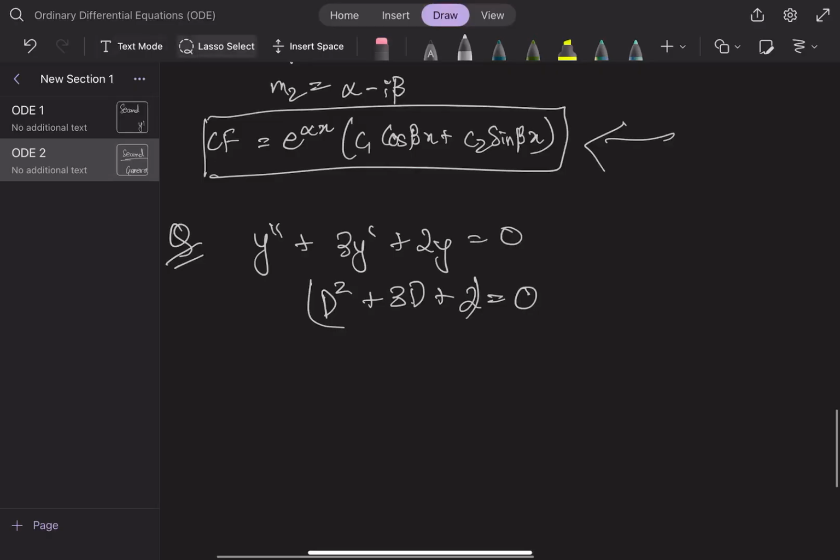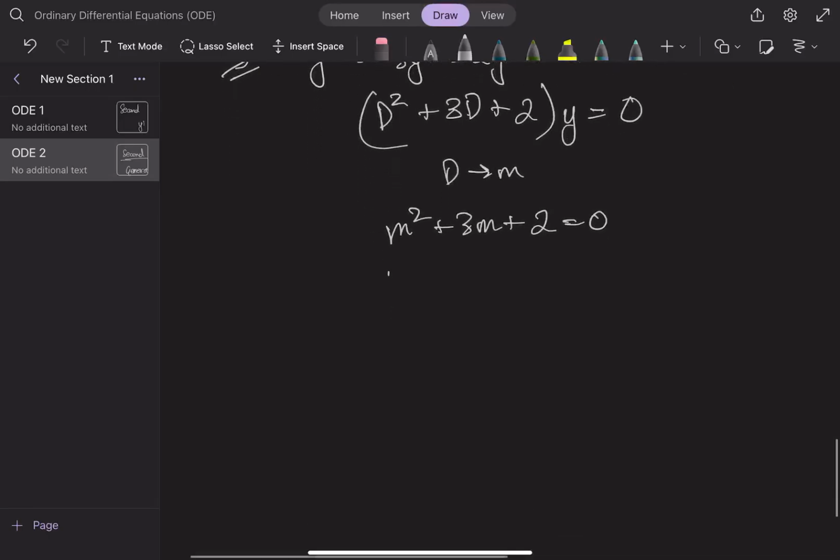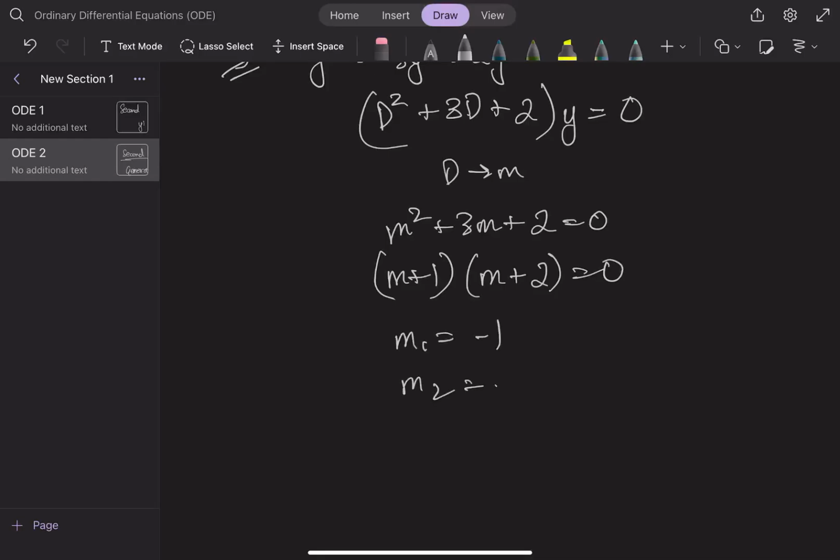D square plus 3D plus 2, multiplied by y, is equal to 0. Now we're going to replace D by m. So m square plus 3m plus 2 is equal to 0. Now as you can see, the roots are clearly m plus 1, m plus 2 is equal to 0, which means your roots are m1 is equal to minus 1 and m2 is equal to minus 2.